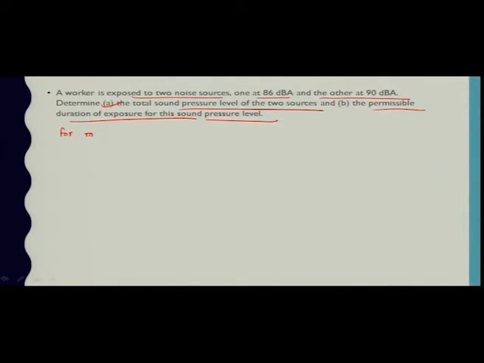But for multiple noise sources we have an amended formula: SPL equals 10 log base 10 of the summation of 10 to the power 0.1 times SPL i, where i indexes the sources.